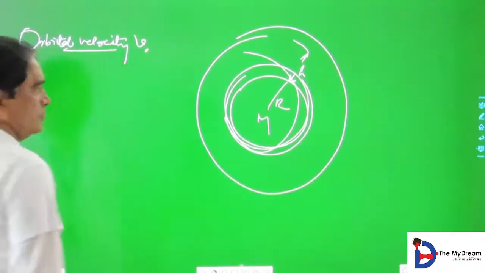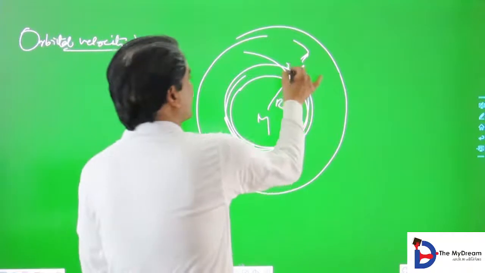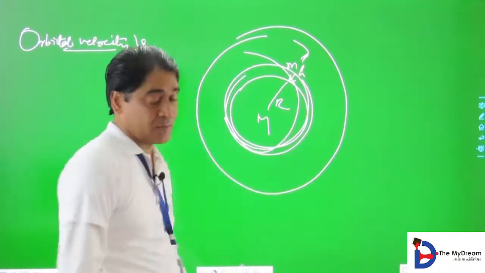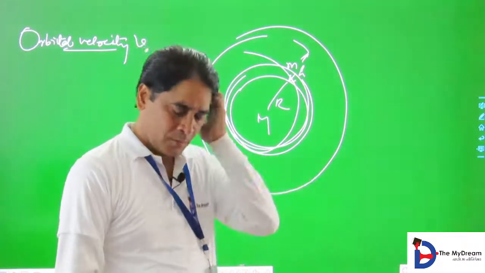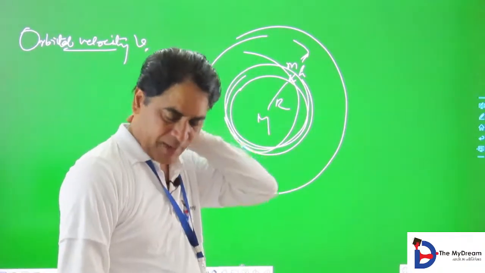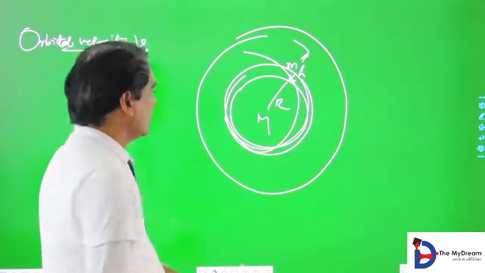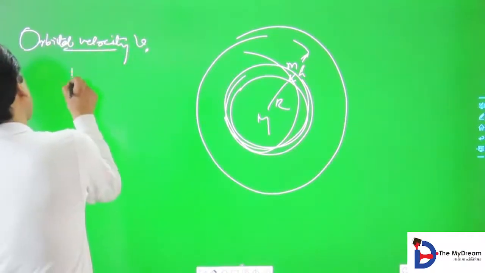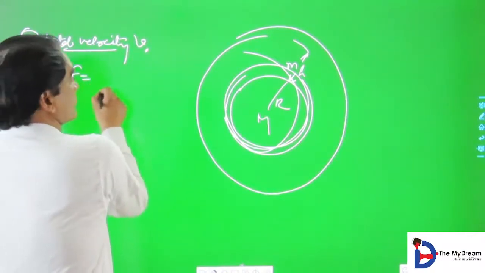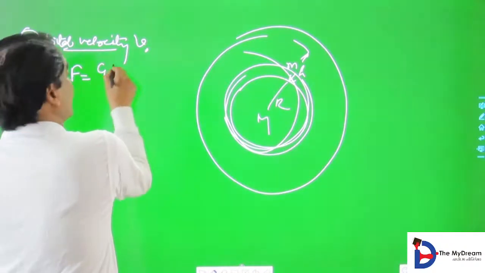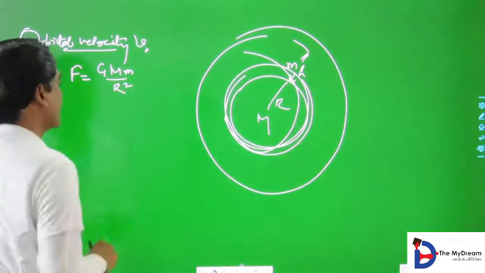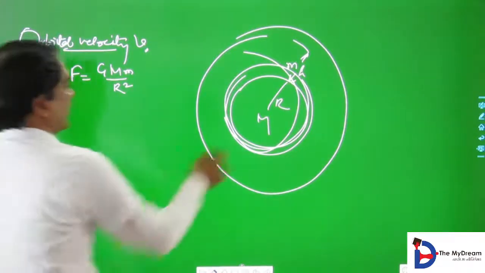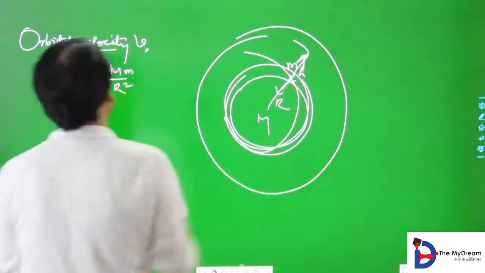Then as this object of mass small m revolves around the planet or earth, then there is a centripetal force. Centripetal force भी लगेगी, gravitational तो लगी रही है. Yes, they are anti-parallel to each other.